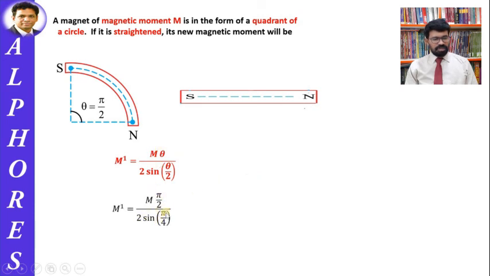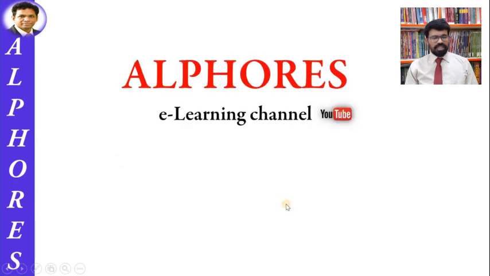Theta is replaced with pi by 2, 2 sine, this theta is also replaced with pi by 2, pi by 2 into 2, 4, pi by 4. Sine pi by 4 is what? 1 by root 2. And if it is further simplified, you will have something like this, 4 by root 2 will come in the denominator. So if it is further simplified, you will have root 2 m pi by 4. Rationalize with root 2, you will have m pi by 2 root 2. So that's how you can solve the problems.